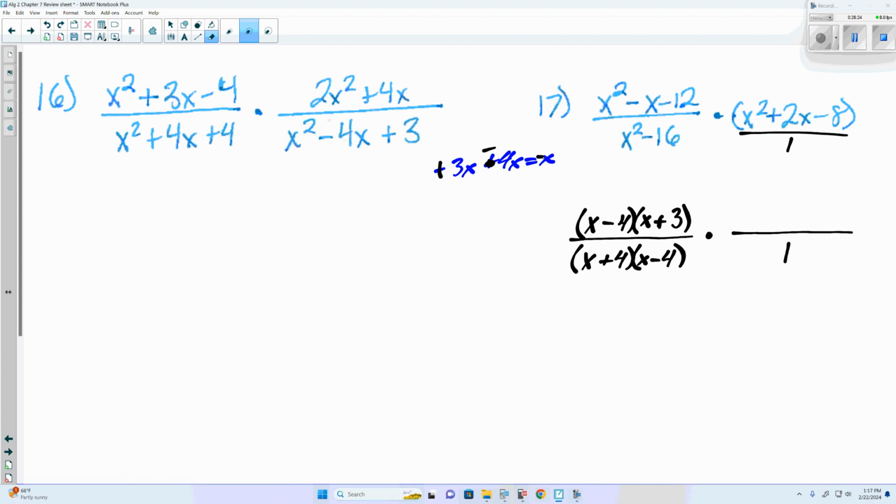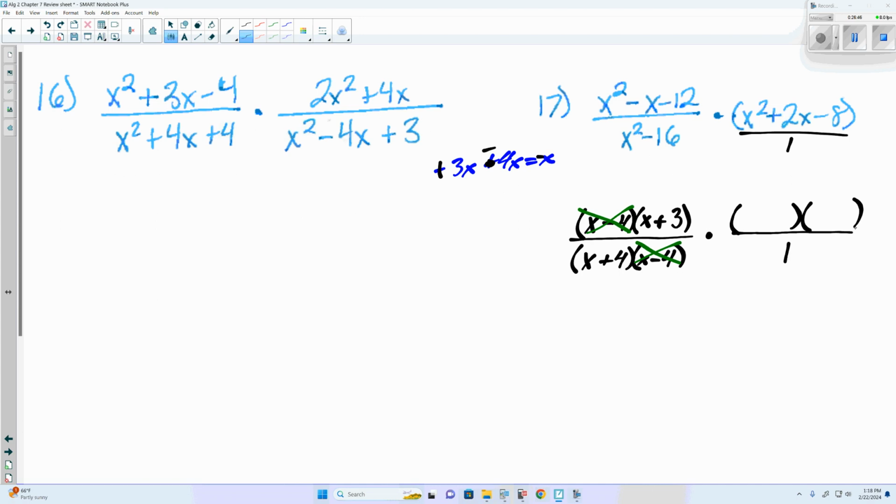Yes? Okay. Well, do we have something in common on top and bottom? Yeah. Might as well go on and simplify it out. Because it's over itself, so it reduces to 1, and it is gone.